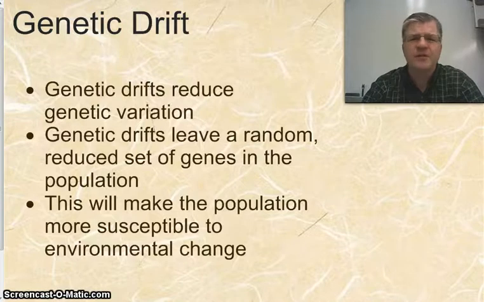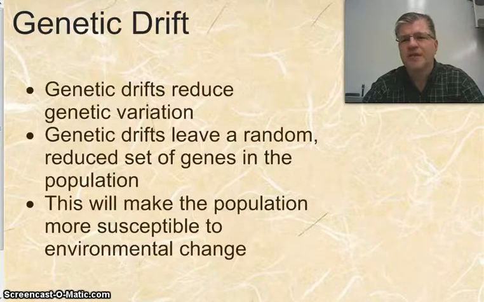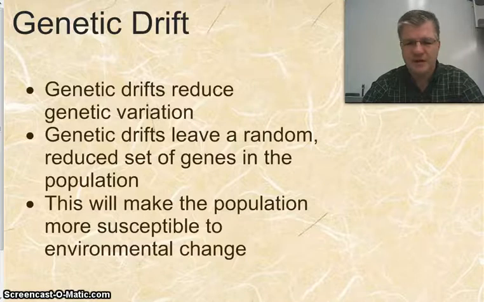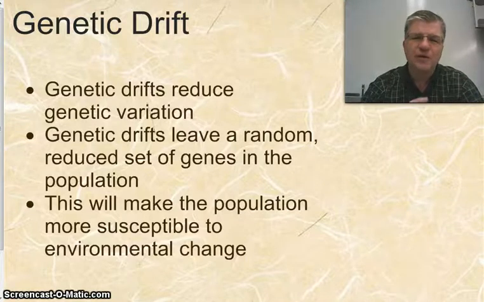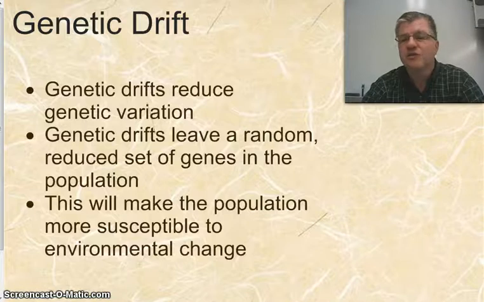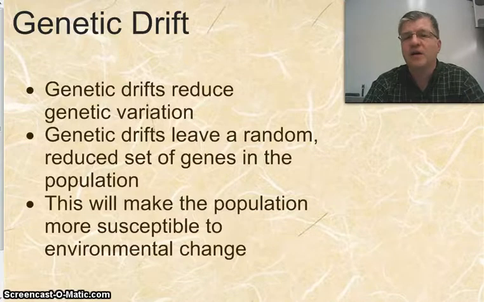Something that maybe would have left some survivors if we'd had all the original 7 billion plus humans on Earth at the time. By random chance, you could eliminate some people that might have survived a future environmental change. So genetic drift can be very important in terms of the future of a population.